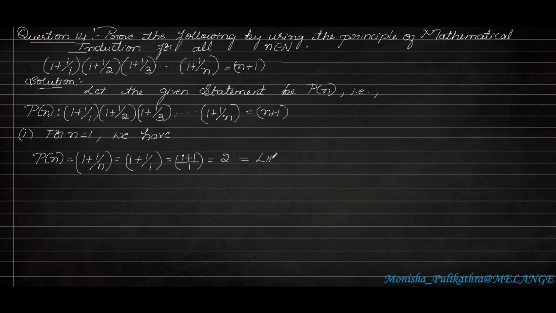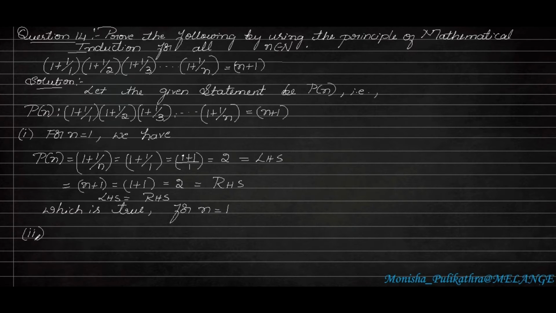So this is LHS. So next, RHS. Here the expression is n plus 1. So n plus 1 is equal to 1 plus 1, that is also equal to 2, that is RHS. So since LHS is equal to RHS, which is true for n is equal to 1. So we have proved the first step as true.